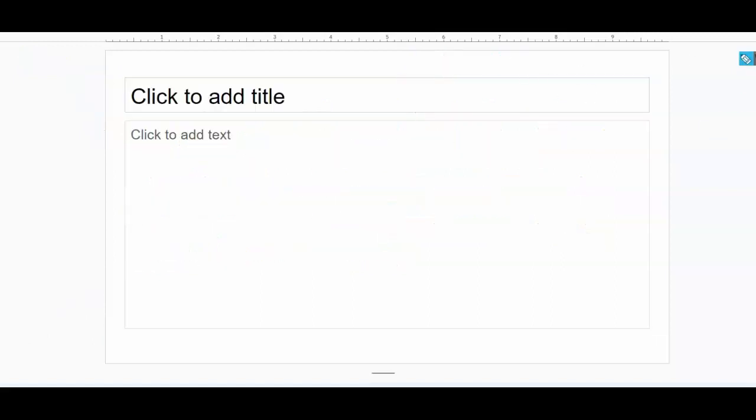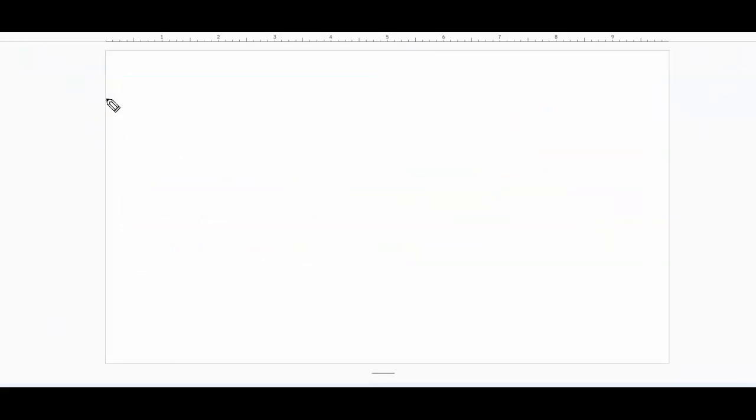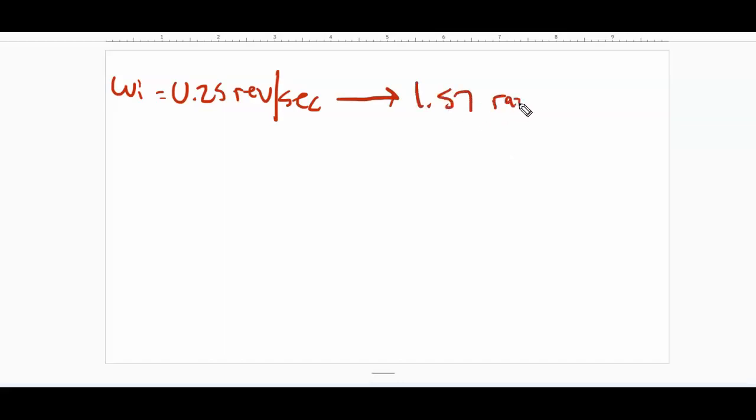I'm going to write down my givens: 0.25 revolutions per second. I'm not going to show the calculation because you should be able to do it at this point, but I need to convert that to radians per second. I know one revolution is 2 pi radians, so I multiply by 2 pi and I get 1.57 radians per second. That's going to be my omega I.